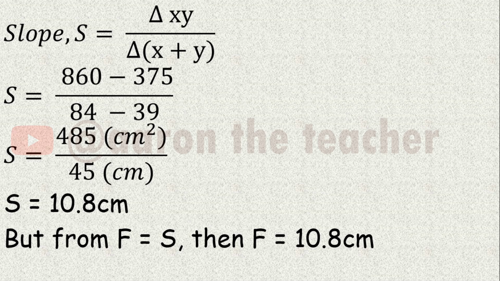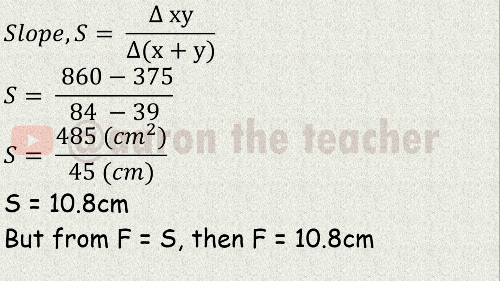And substituting the values that we obtained from the graph, we have 860 minus 375, then divided by 84 minus 39. In the numerator we shall get 485 and then divided by 45.